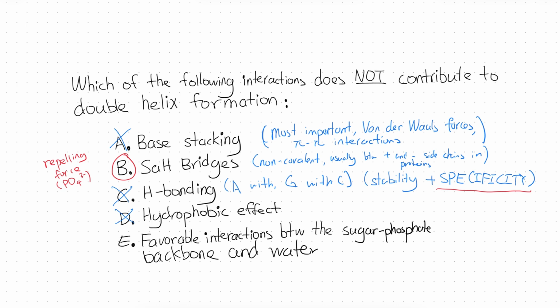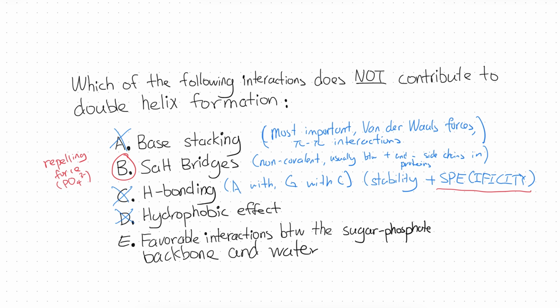And then finally, it says favorable interactions between the sugar phosphate backbone and water. The negative charges on the sugar phosphate backbone form highly favorable hydrogen bonds and dipole interactions, right?